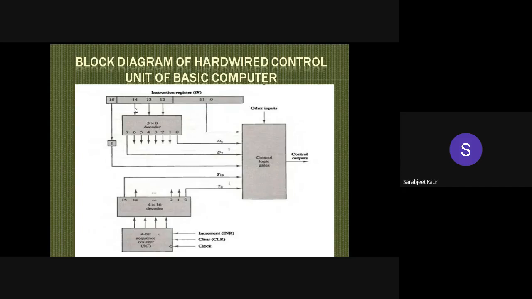So that would mean, if there is 1 1 1 here and there is a 0 here, it is a register reference instruction, and if there is 1 1 1 here and there is a 1 here, then this is an IO instruction.